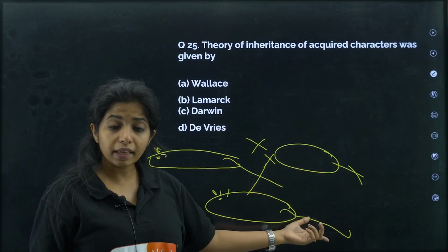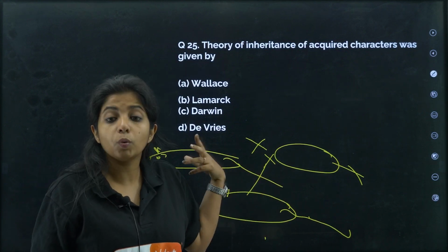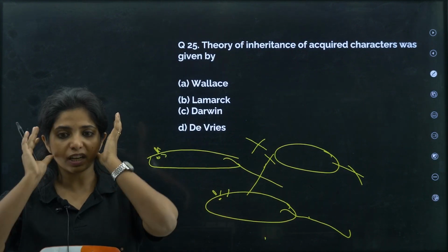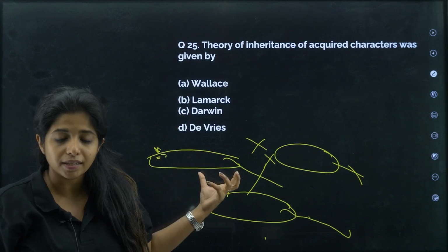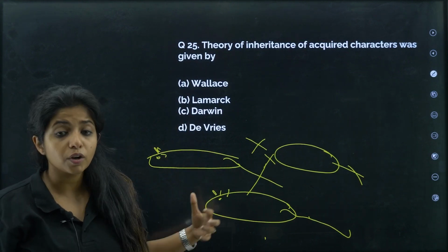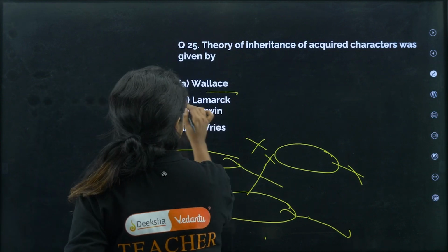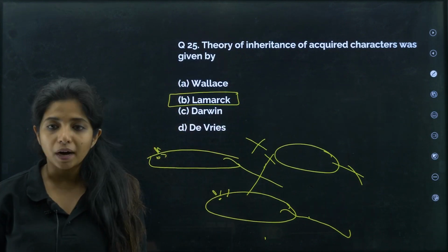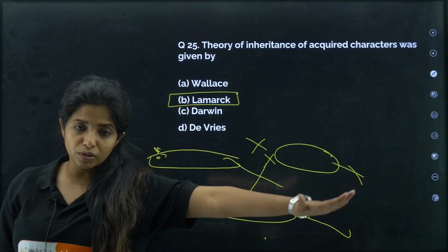So it should be there in the small progeny also, but it was not there. Because this cutting is an acquired thing, I am acquiring it throughout my lifetime. This is not bringing any change in the genes of an organism, in the cells, in the chromosome of the organism. So this cannot be inherited. But this was initially given by Lamarck. Okay, this is known as theory of inheritance of acquired character, which was dismissed later on.